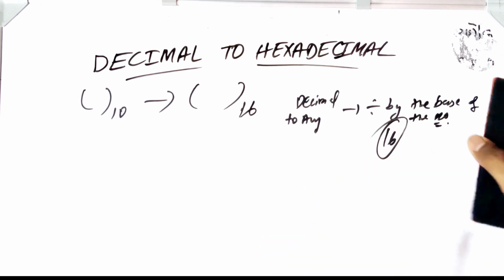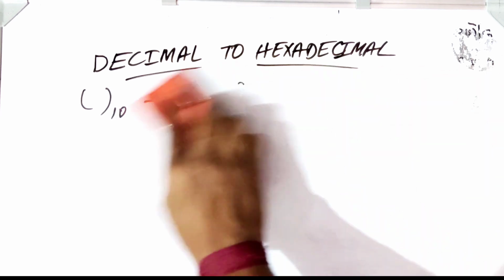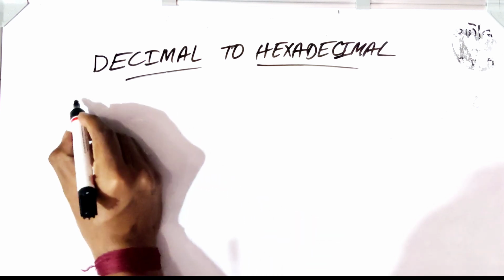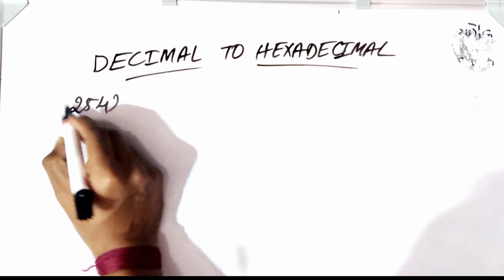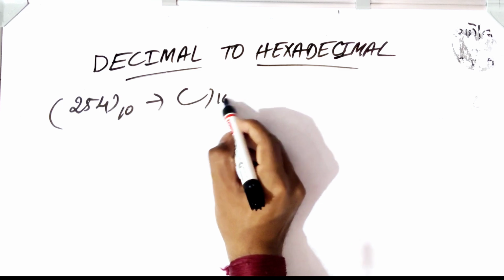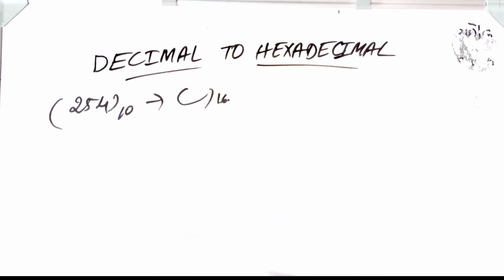So we'll understand this by using an example problem. Convert the decimal number 254 to hexadecimal, base 16. So how to solve it?